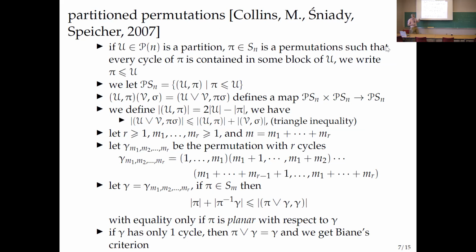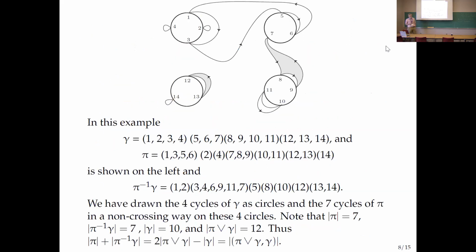So if this is gamma, then what's the calculation? I get 2 times the length of gamma minus 1 times the length of gamma. So I just get the length of gamma, which is the previous formula Philippe had for characterizing planar things.